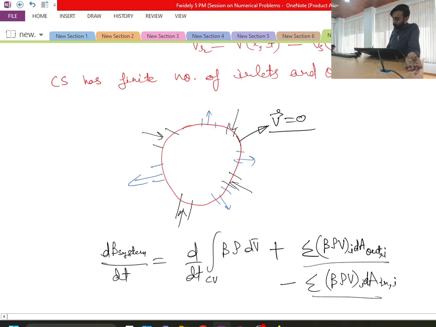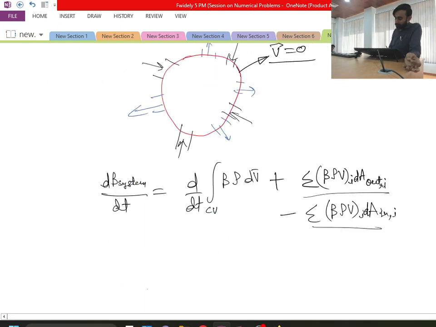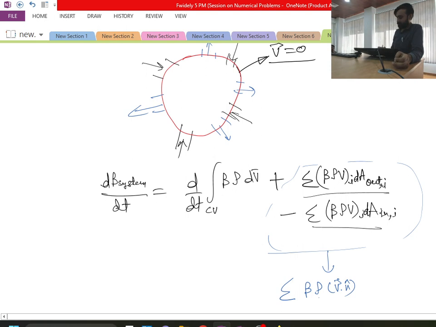Now if I have to once again write it in the compact form, then this whole term I can replace with summation beta rho V vector dot n cap I times dA.